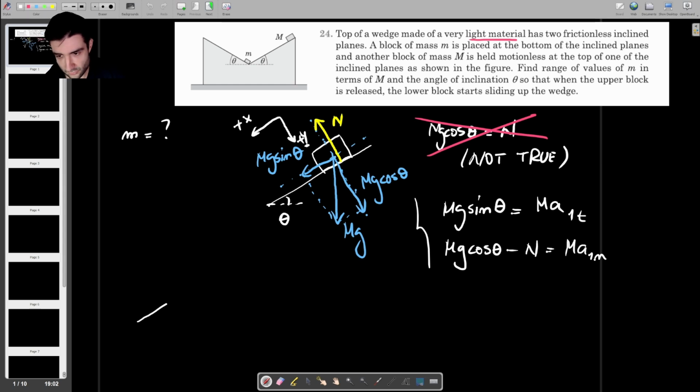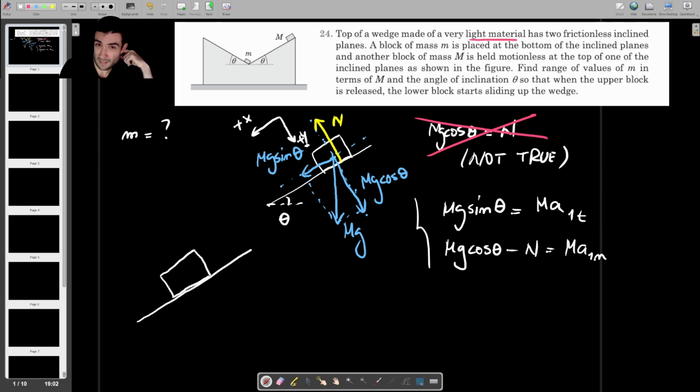So I'm going to draw the incline like this again. This is not a free body diagram, by the way. This is more of a kinematic diagram, we could call it. What I'm doing here is drawing the acceleration of the wedge.